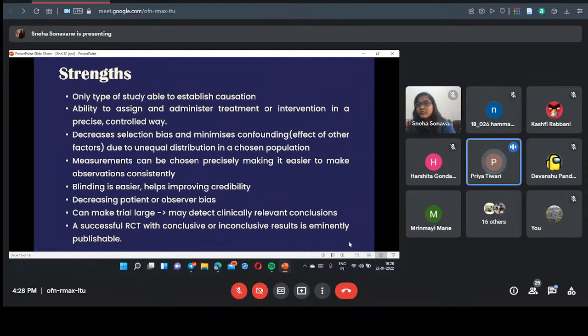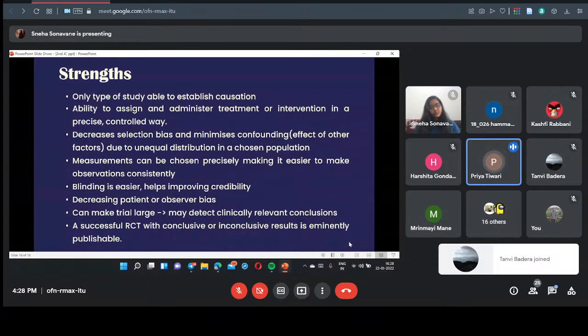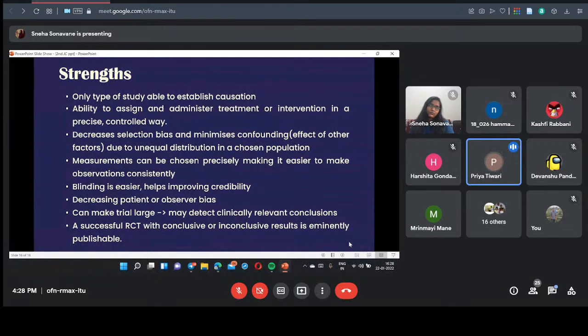So here, I would like to ask you all: do you know what blinding exactly is, and why it is done? Okay, no one. So blinding is done in various types of research, and RCT is one of them. So what is blinding?